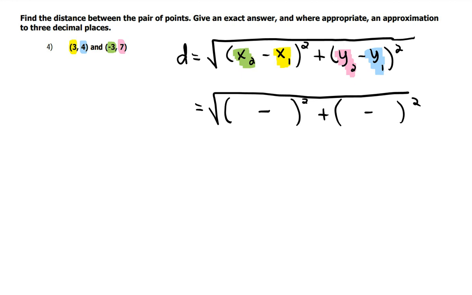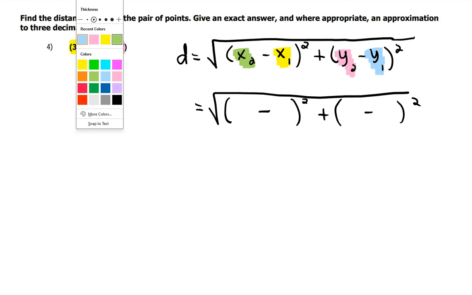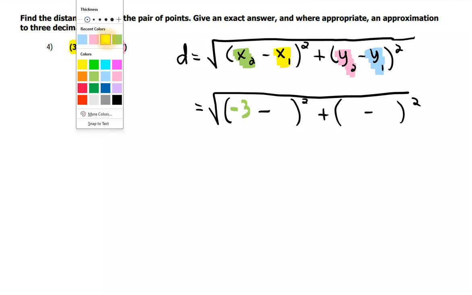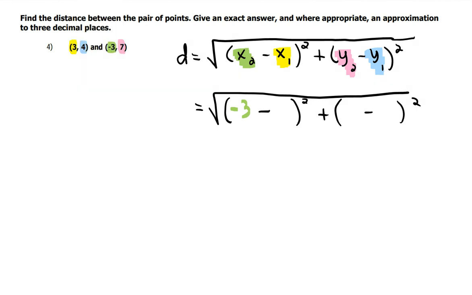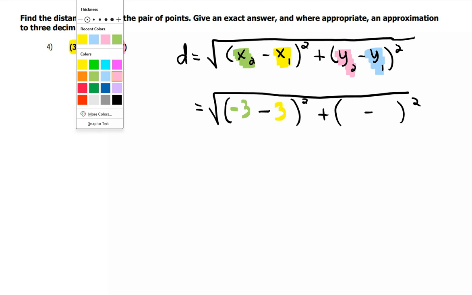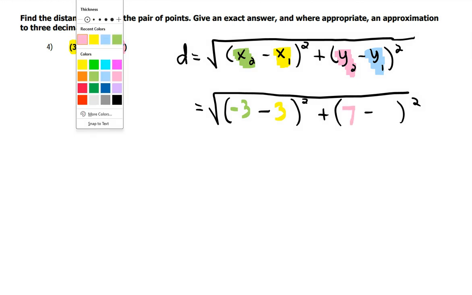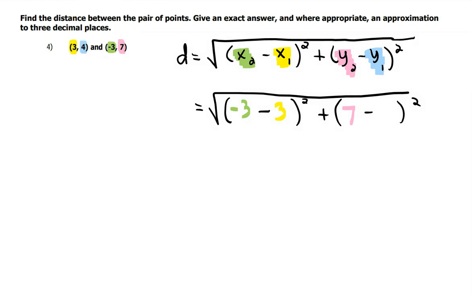So x sub 2, that's going to be negative 3, and then x sub 1 is the 3, and then y sub 2 is the 7, and y sub 1 is the 4. There you go. That's color coding at its finest, and I'm going back to all black now. And now you just have to simplify it.